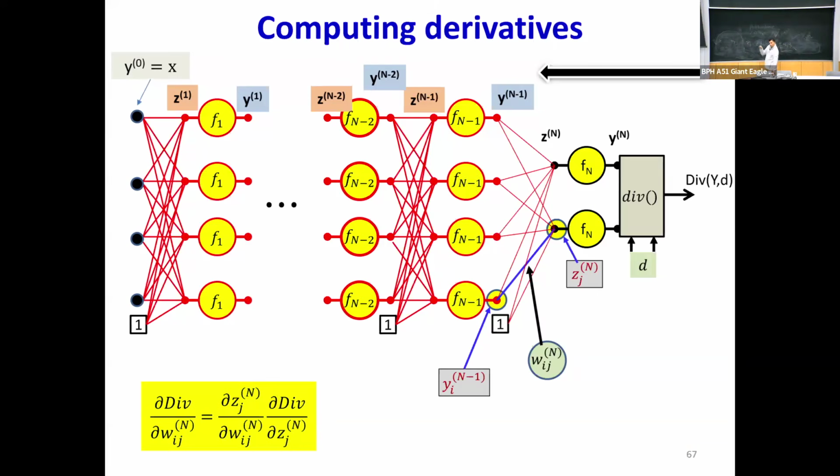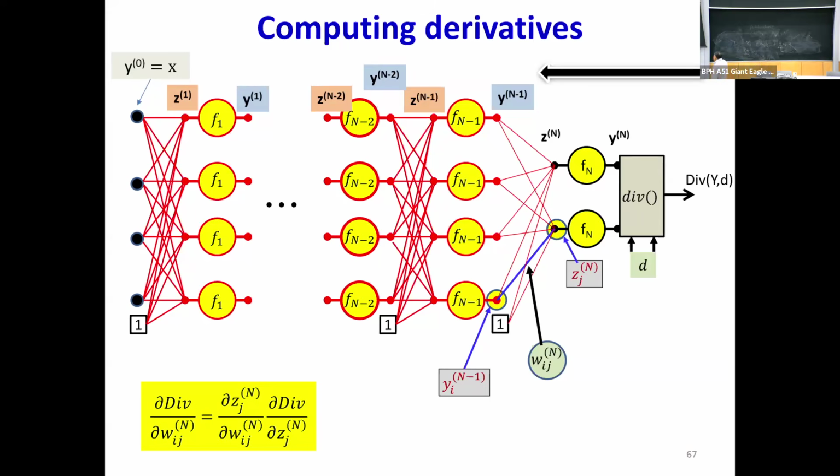So I'm just saying that if I want the derivative with respect to any particular weight, I just pull the contribution of that particular term out of the summation. So if I do this, what is the derivative of zj with respect to wij? That's simply going to be yi. Correct? Everybody with me? Nothing fancy, right?